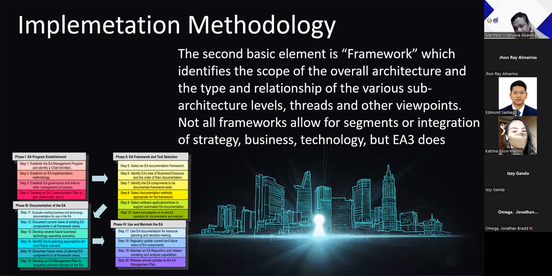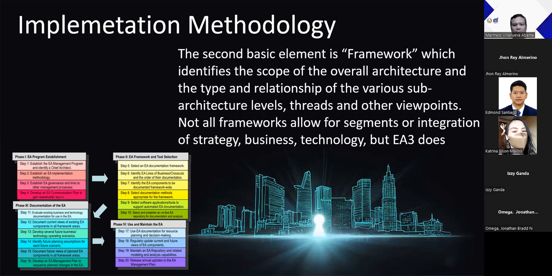So in the implementation methodology, in phase one, this fourth step generally integrates how we communicate and implement different manageable programs, or the process that will be followed to integrate different changes in a specific strategic way that we implement.